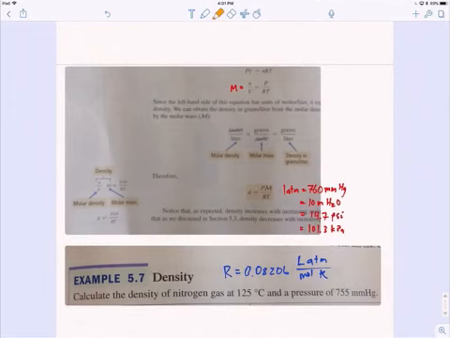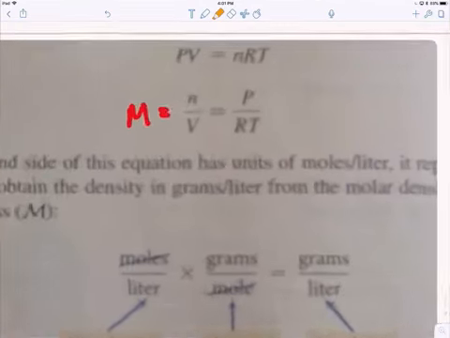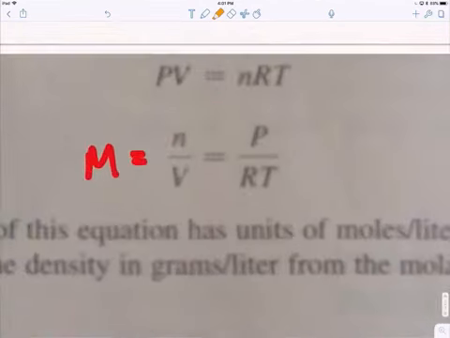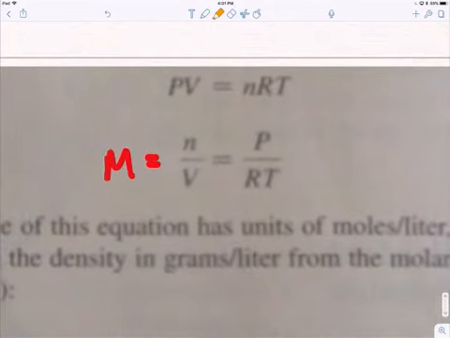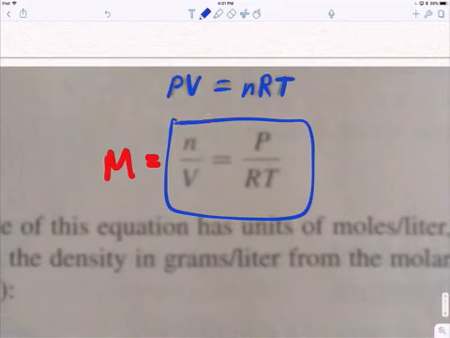Now we're going to talk about derivations. We're going to derive something, and I don't like deriving things, but I will for you guys. So we start with the ideal gas law, and we're rearranging it to this here.